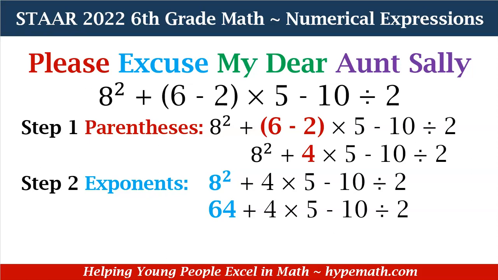Now our expression reads 8 squared plus 4 times 5 minus 10 divided by 2. Next, we have exponents. Our exponent is 8 squared, which is the same as 8 times 8. That's equal to 64. So now our expression is 64 plus 4 times 5 minus 10 divided by 2.